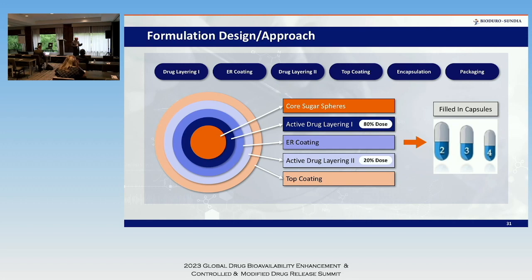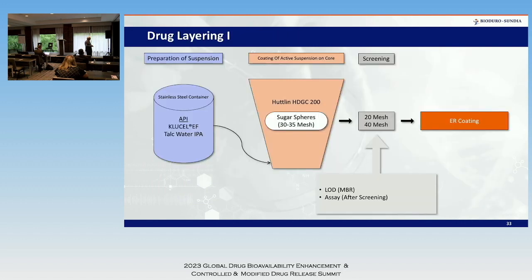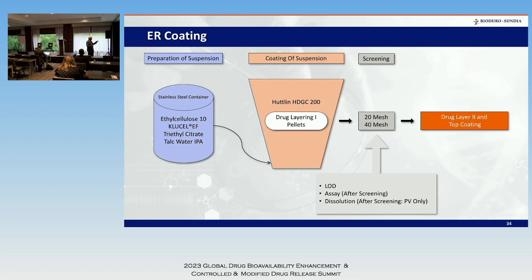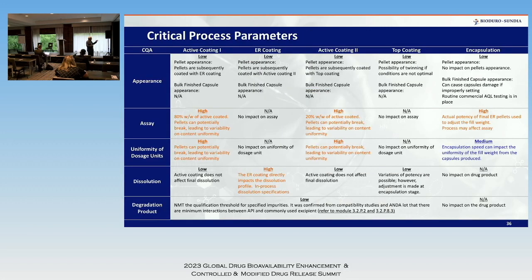So here we actually developed the product that has multi-layer 2 drug in one combination that is allowing us to release the product at the right conditions. So we developed that process, we validated, and actually this product is commercial at our site.